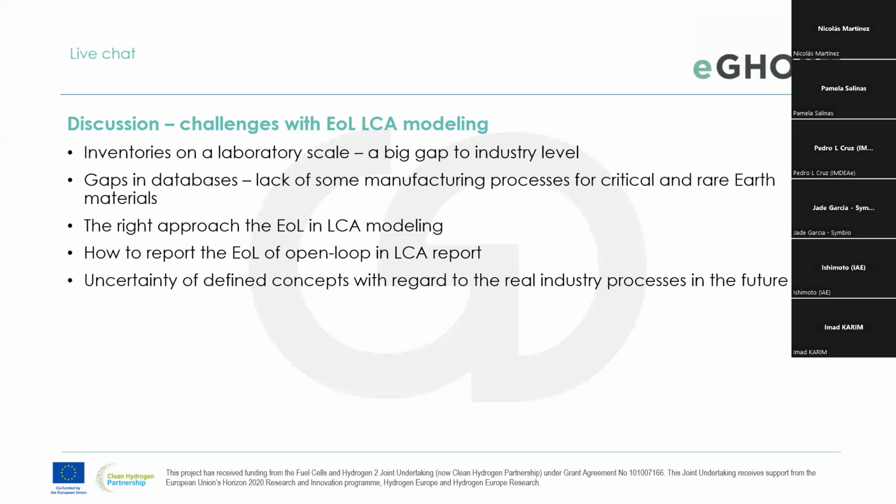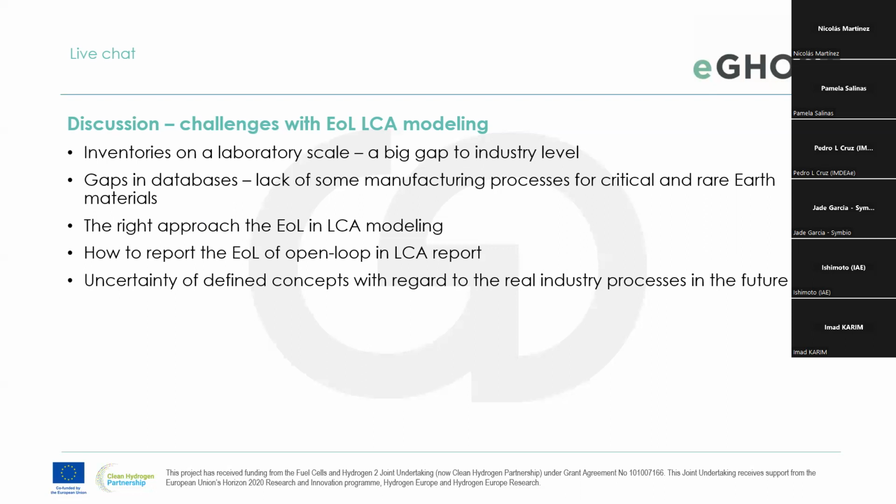So it is very important that we received in eGHOST the inventories and the data from real laboratory TRL 5 recycling processes. Of course, inventories are still on the laboratory scale, so there is a gap to the industry level, but at least we have models that we will be able to improve in the future and show even greater potential, since on the laboratory scale the energy inputs are maybe a bit higher.